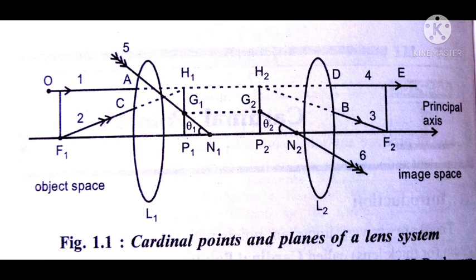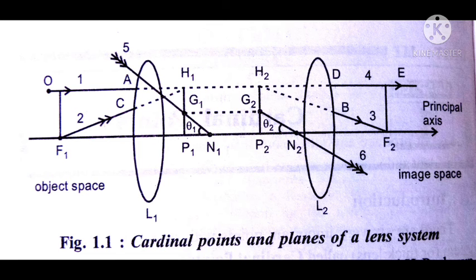Now in this ray diagram, the points H1, H2, these are the principal points. Then points N1, N2, they are the nodal points, and points F1, F2, they are called the focal points.